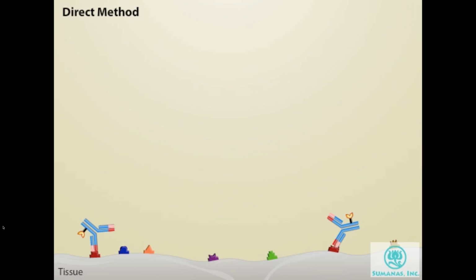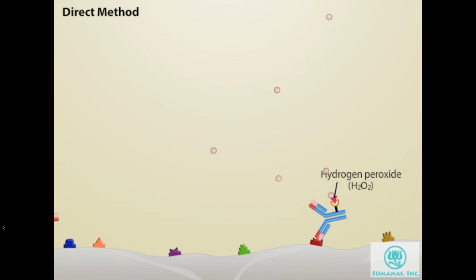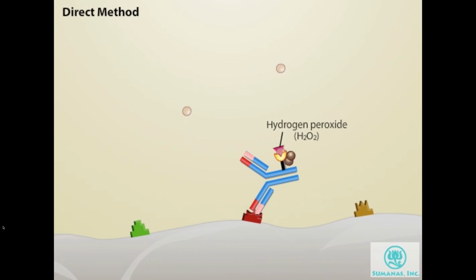When HRP is used as an indicator, the hydrogen peroxide substrate is added to the incubation mixture, as well as a third component called diaminobenzidine, or DAB. When coupled to the HRP peroxide reaction, DAB forms an insoluble polymer that sticks to the adjacent tissue.